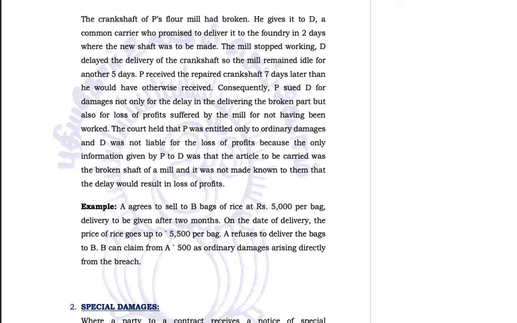A refuses to deliver the bags to B. B can claim from A 500 as ordinary damage arising directly from the breach of contract. Like we discussed in the earlier example, whatever are the prevailing market conditions, whatever are the economic conditions prevailing in the market, that is the ordinary damage. So he can now definitely sue him for the extra 500 rupees.